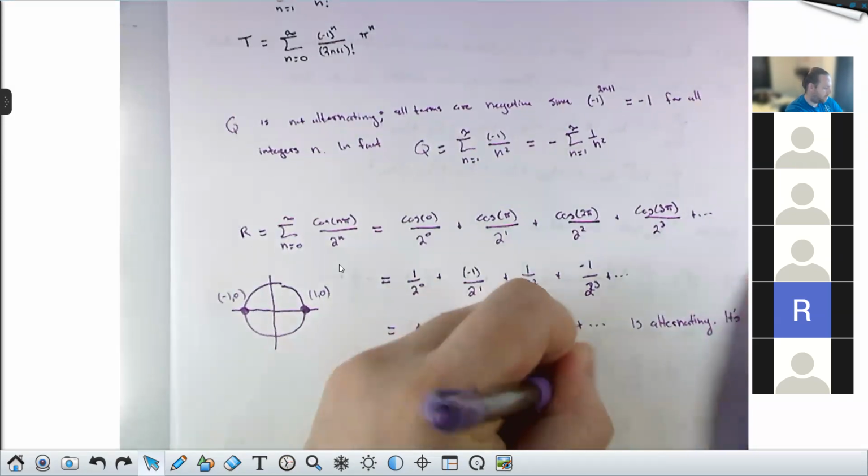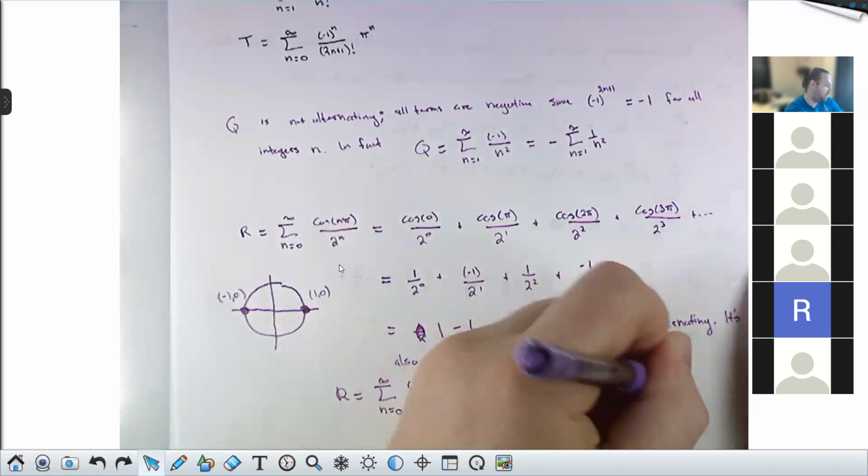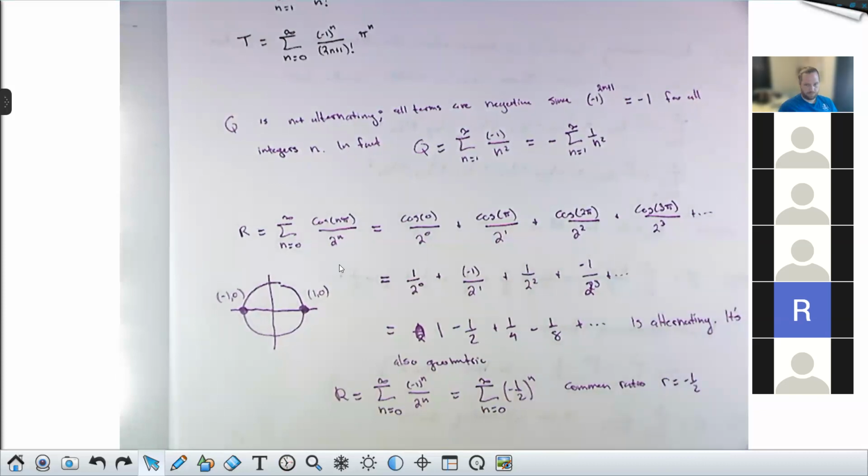So the common ratio is r equals -1/2. And I'll not write any more about this, but if you have a geometric series with common ratio -1/2, is that series going to converge or diverge? Yeah, correct. It will converge.